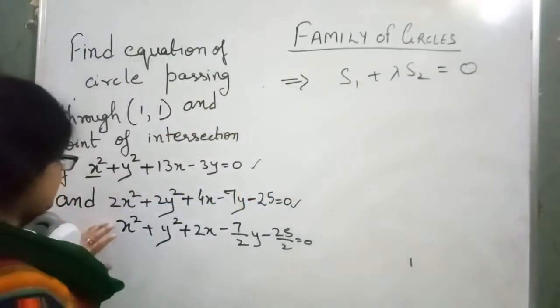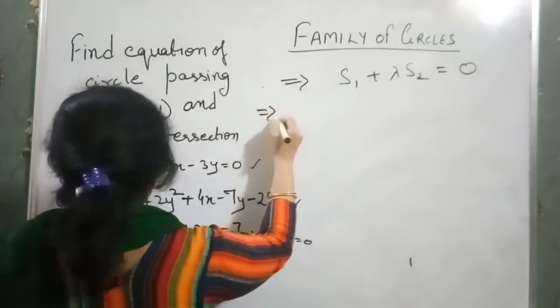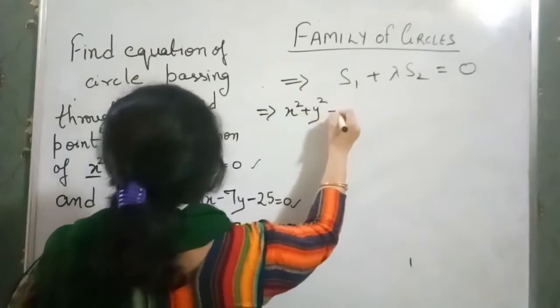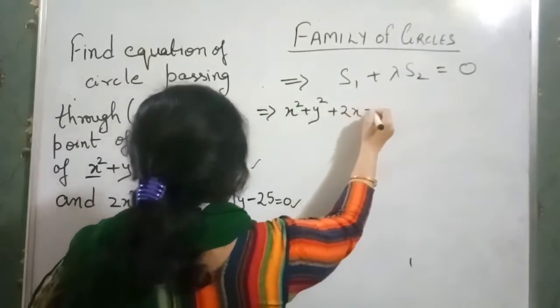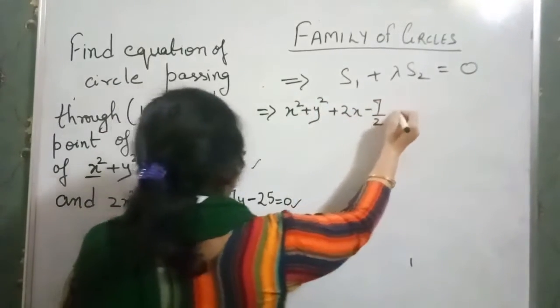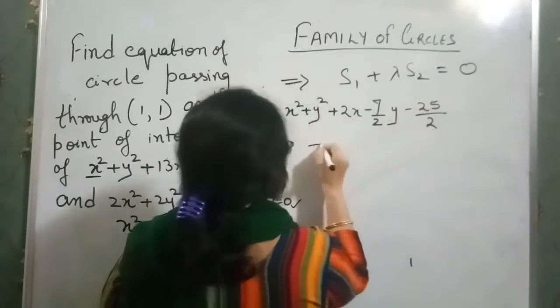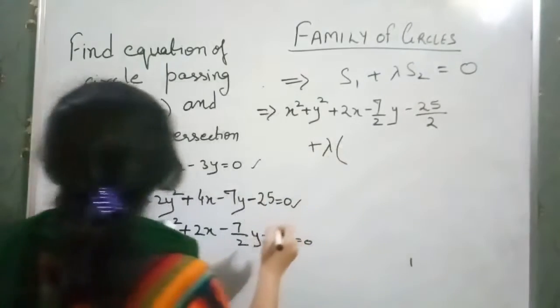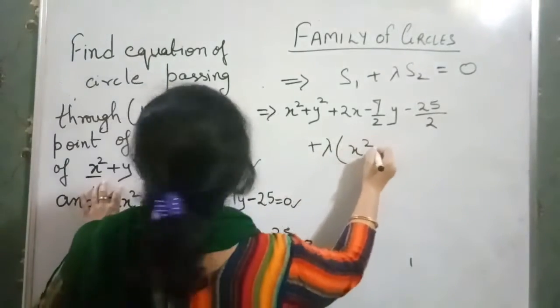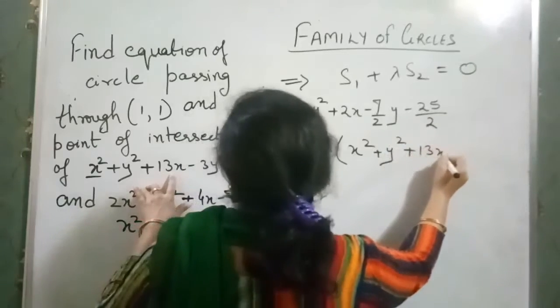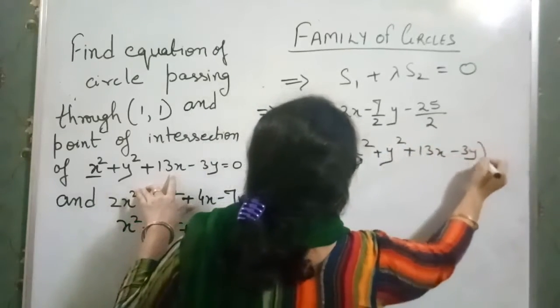So I will take the first equation, that is x square plus y square plus 2x minus 7 upon 2 y minus 25 upon 2, plus lambda times the other circle, that is x square plus y square plus 13x minus 3y, is equal to 0.